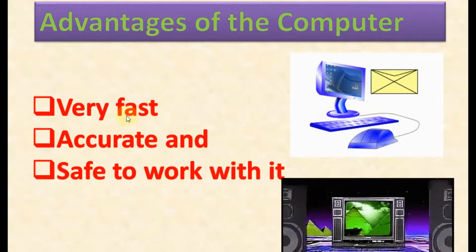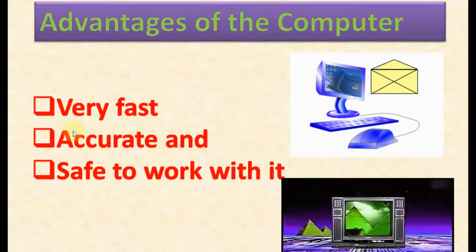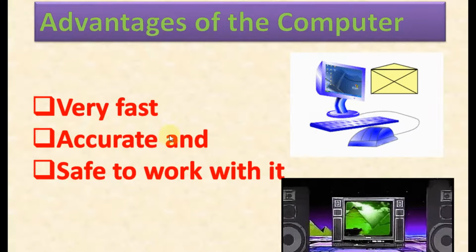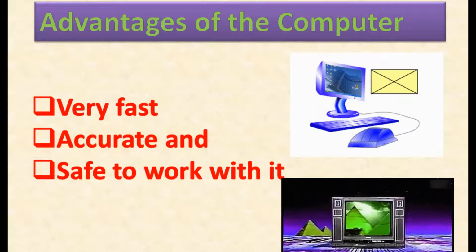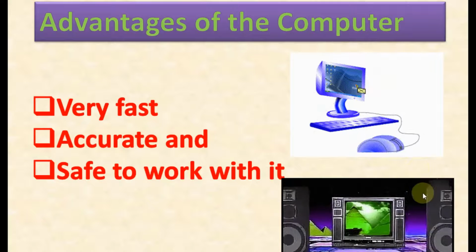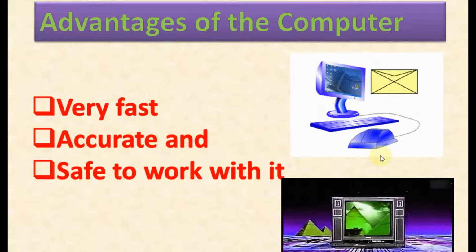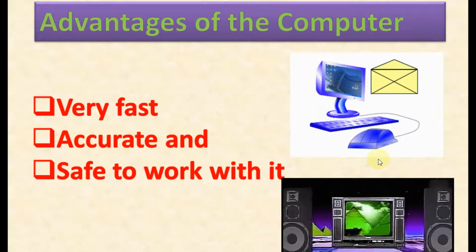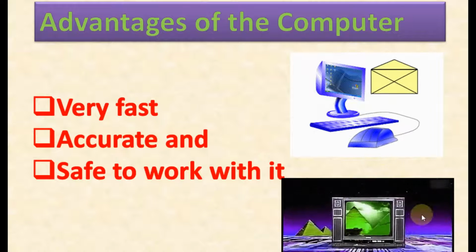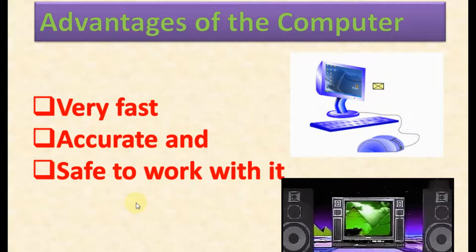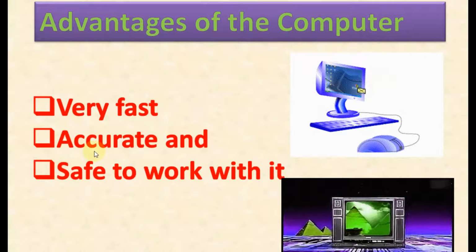Because, number one, computers are very fast. Within a fraction of a second, it completes the work. You can complete your work very fast with the help of your computer. Number two, it is accurate.